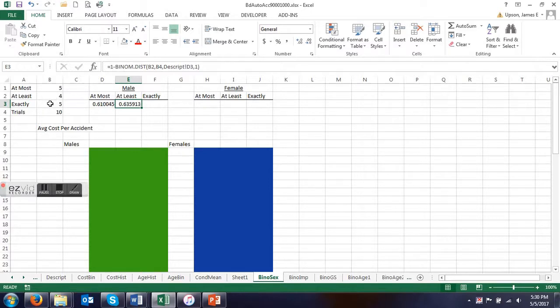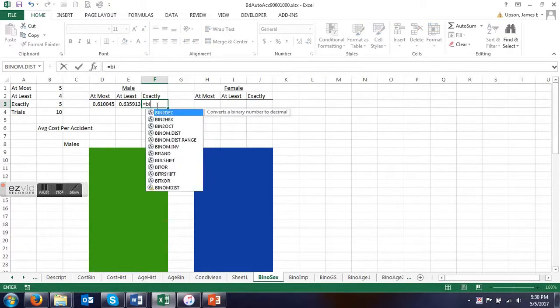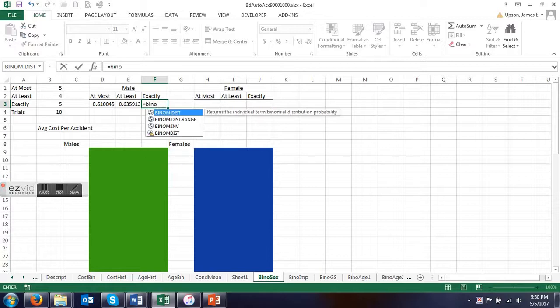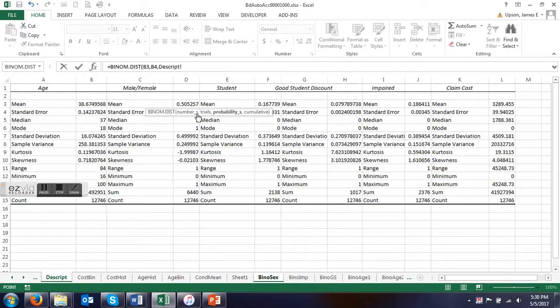So we're actually looking at 4, 5, 6, and 7. And then if we want to do exactly, this is going to be equal to our BINOM. Click on our distribution. And then the number of successes we're interested in is exactly 5. The number of trials is 10. And then the probability, we come back to our descriptive statistics and click on that.